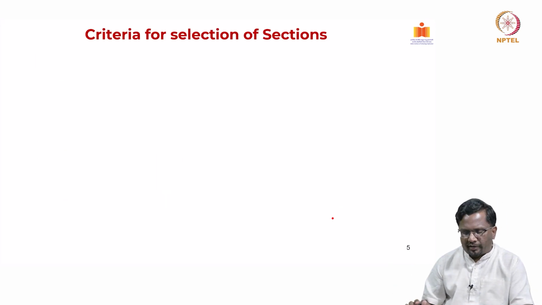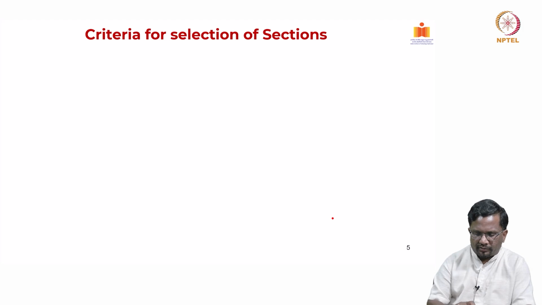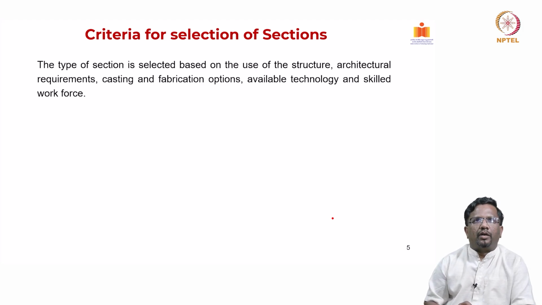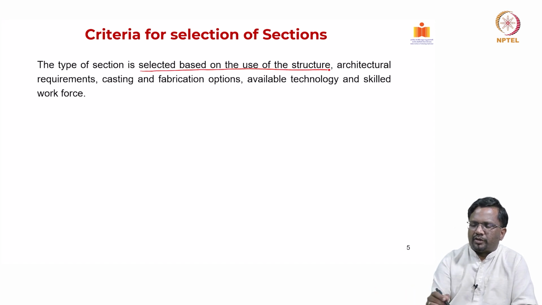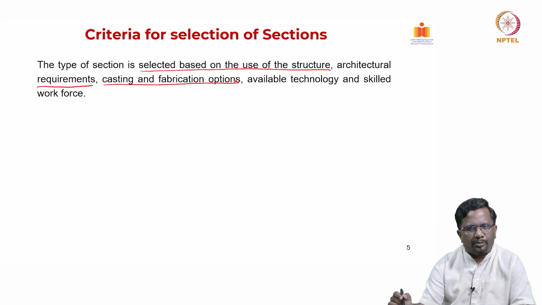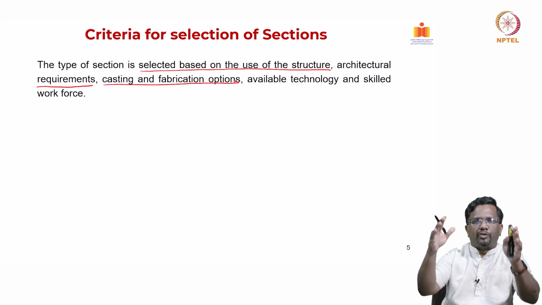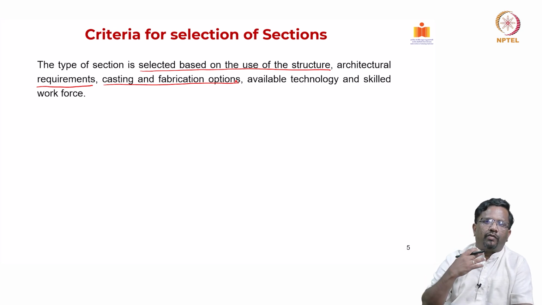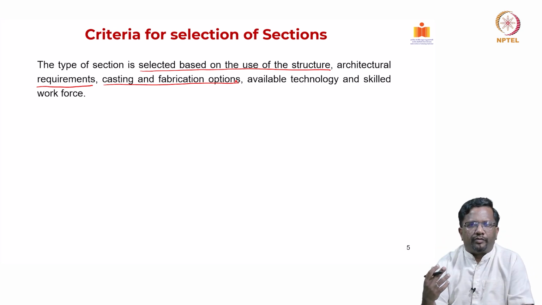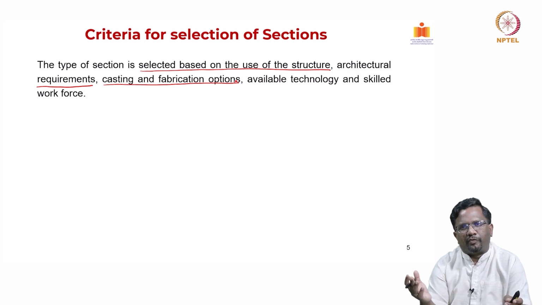Now, what are the criteria for selection of your sections? The type of section is selected, as I discussed, based on the use of the structure, architectural requirements, and casting and fabrication options that are available. For example, let us say I want to create a box section of very unusual dimensions, but if I have to make a large number of such elements, then I can fabricate a mold.